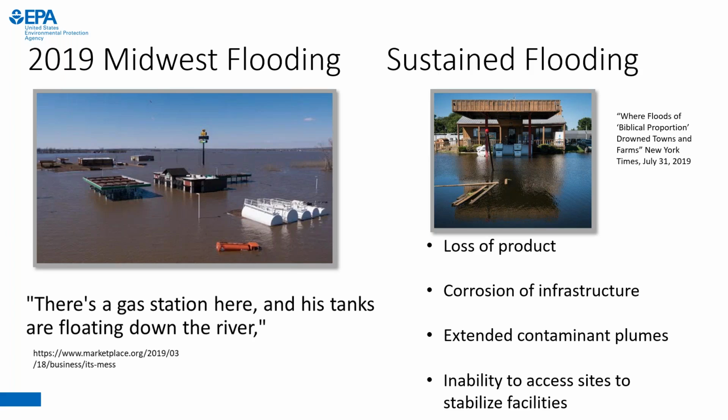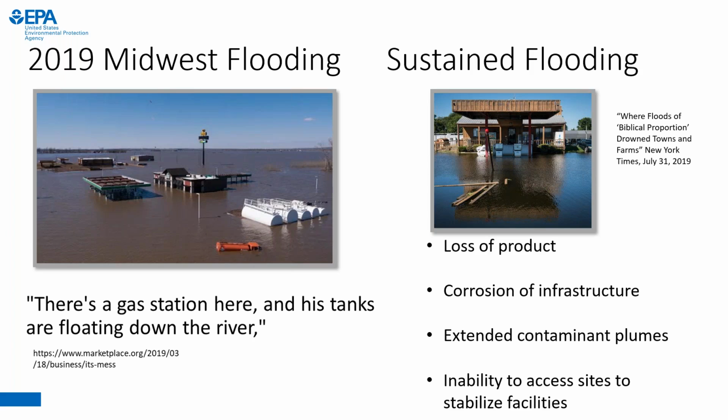Likewise, what we saw last year too is the extent of sustained flooding, in particular in the lower Mississippi area. This is a concern not only with regard to the loss of product, but with that extended period of time being submerged, corrosion of that infrastructure is a problem as well.